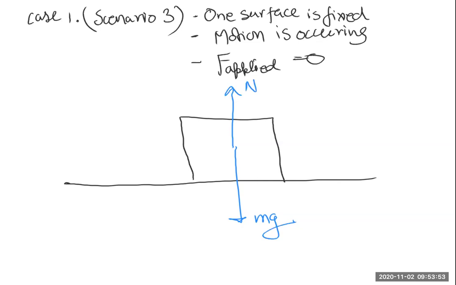And this acceleration is horizontal. This acceleration is horizontal. Now, neither mg, which is vertically downwards, nor normal reaction, which is vertically upwards, can cause this acceleration.